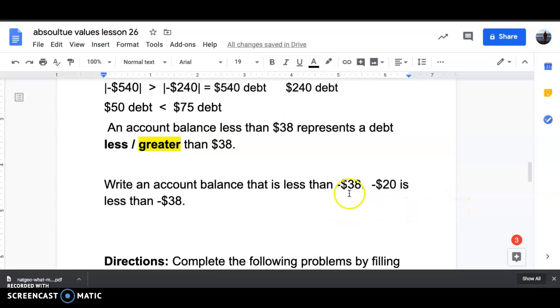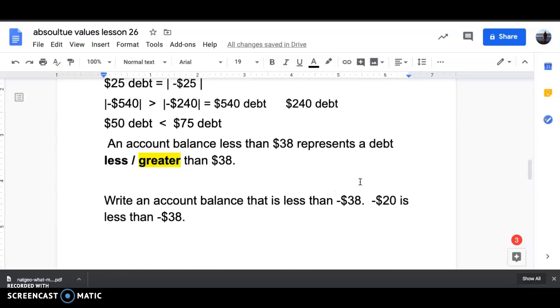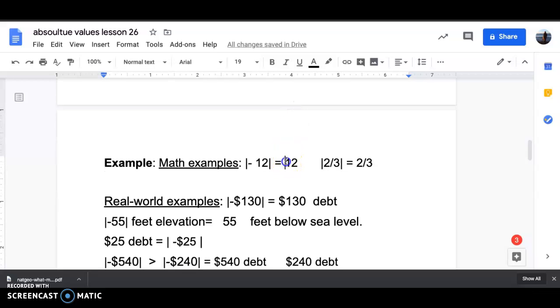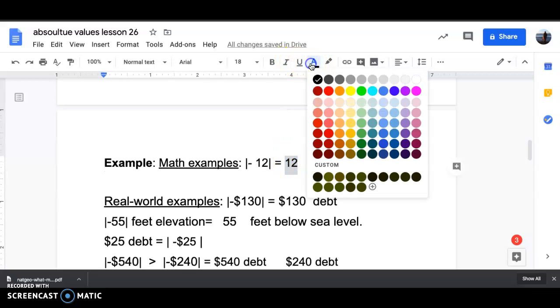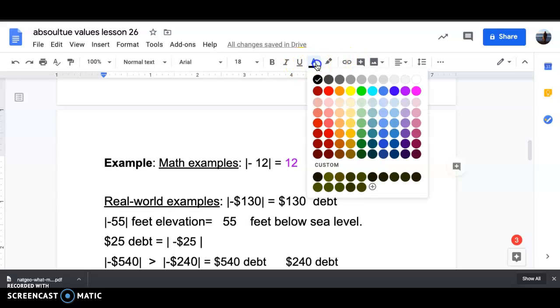Okay, and that's all that you need for the examples, except for, you know what I'm going to do? I'm going to change the color of the answers so you know.